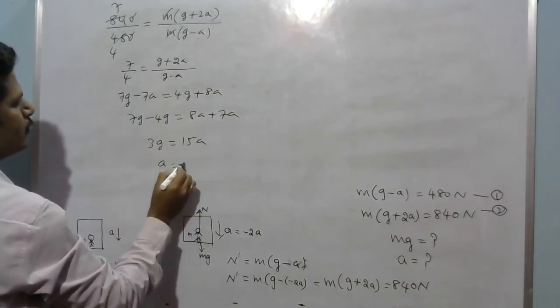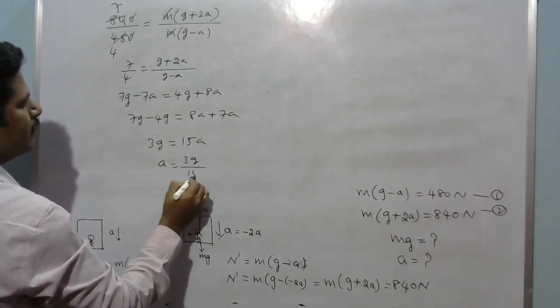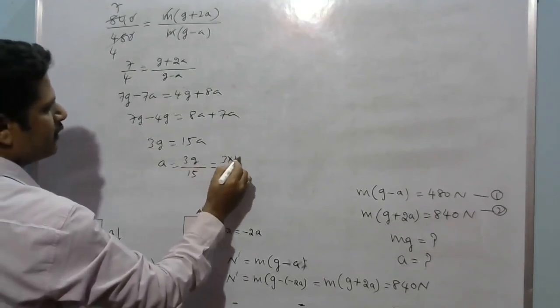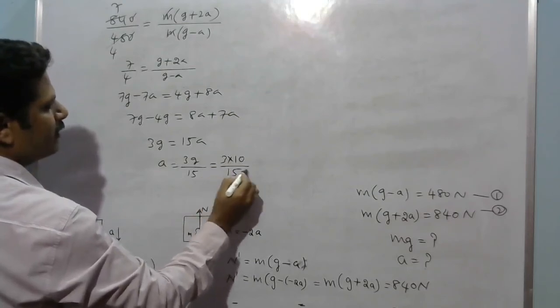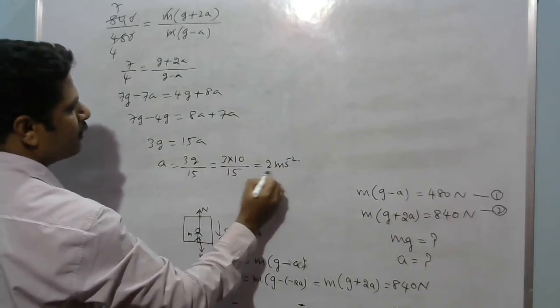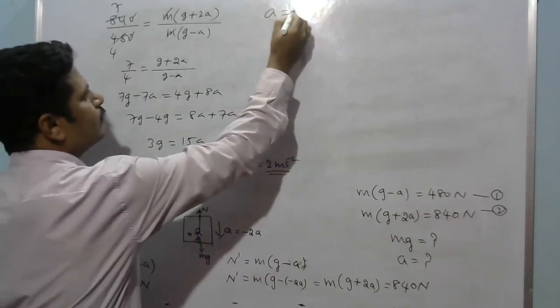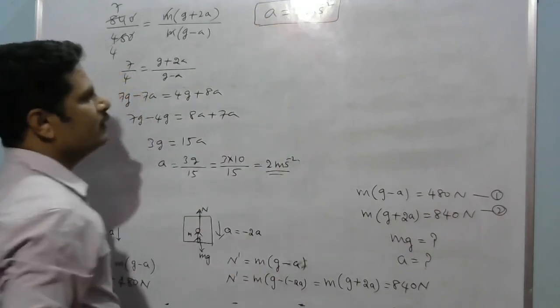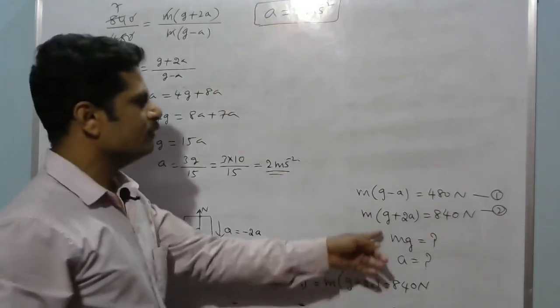So acceleration is equal to how much? 3g divided by 15. If you take g, acceleration due to gravity, as 10, you will get 3 into 10 divided by 15. This is equal to 30 divided by 15, 2 meter per second square. This is the acceleration. That is, the acceleration is equal to 2 meter per second square. So after getting acceleration, you substitute in any one of the equations to get the mass.